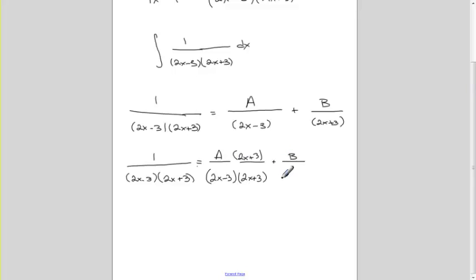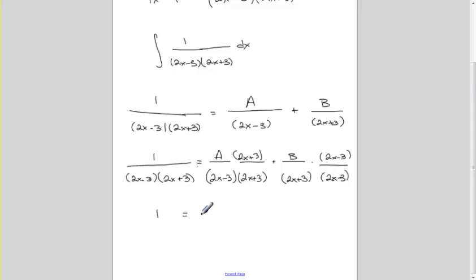And you do the same thing for this term. So the term originally is B divided by 2x plus 3, so we multiply by 2x minus 3 in both. And what that does for us is we now have the same denominator in all those terms, so we can just look at the numerator.